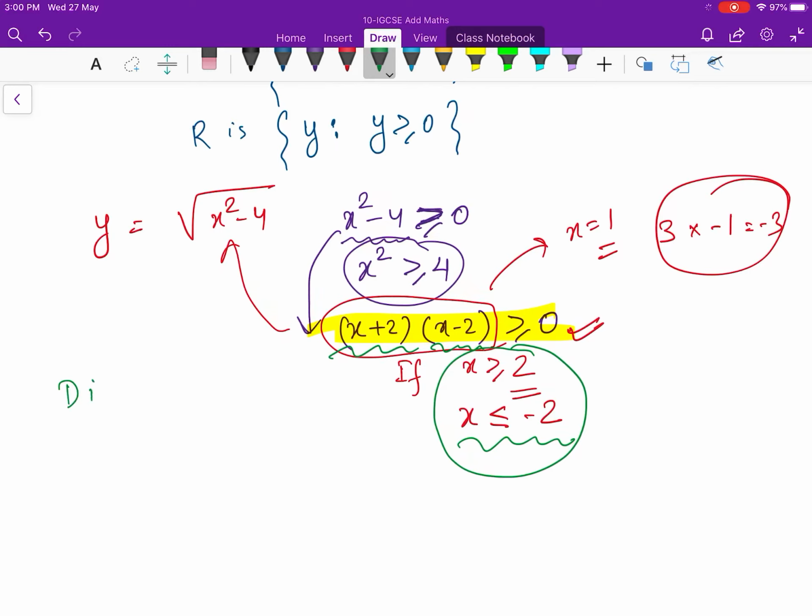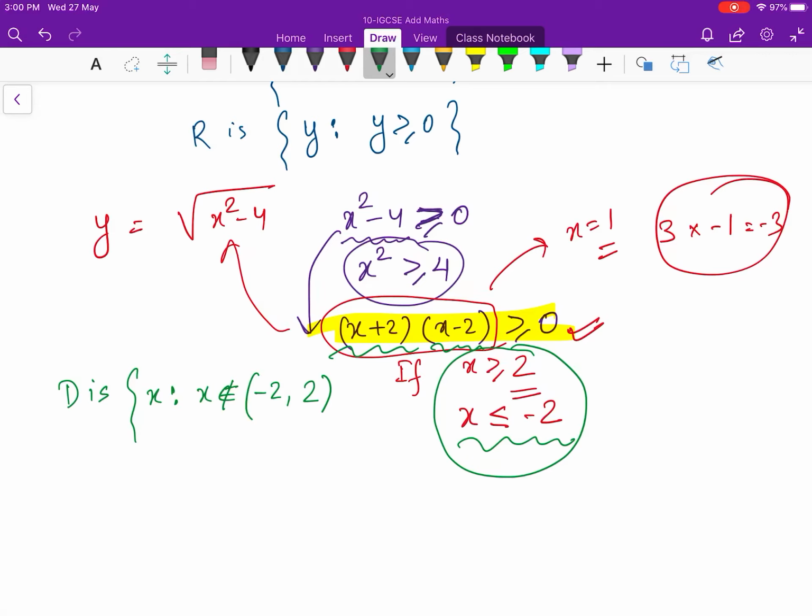So if I have to define the domain, then domain is x such that x does not belong to minus 2 to 2, and this will be an open bracket.